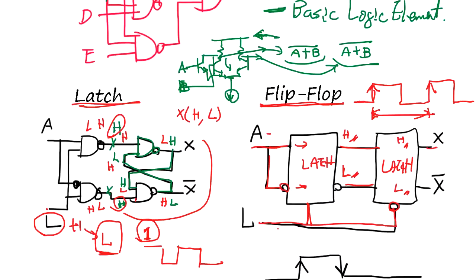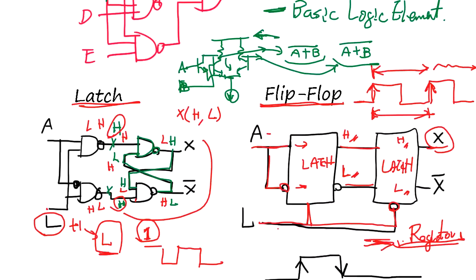So overall the output is going to hold the data for the entire cycle, and at the next edge the new data starts showing up. So this is like registers in a CPU or all kinds of registers. A register is a collection of flip-flops. So if 32-bit data, 32 flip-flops make one register.